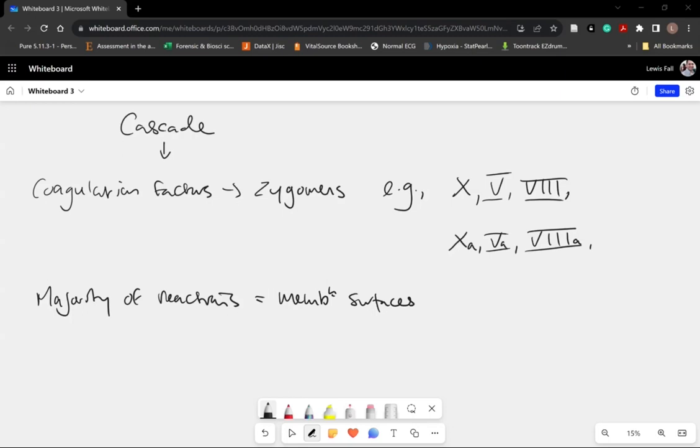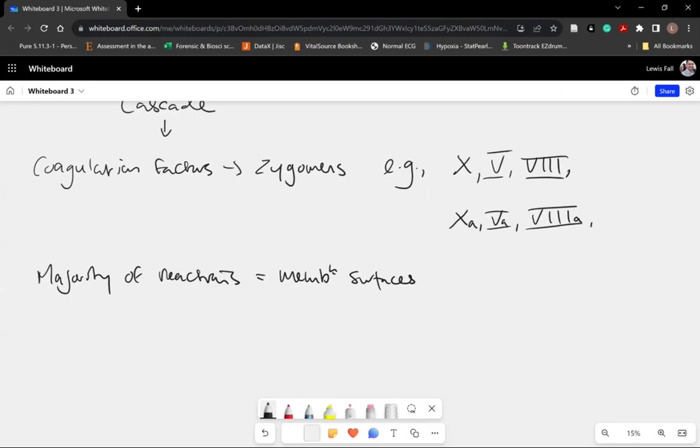There are some coagulation factors. Some factors are what's called vitamin K dependent. So Vit K dependent.